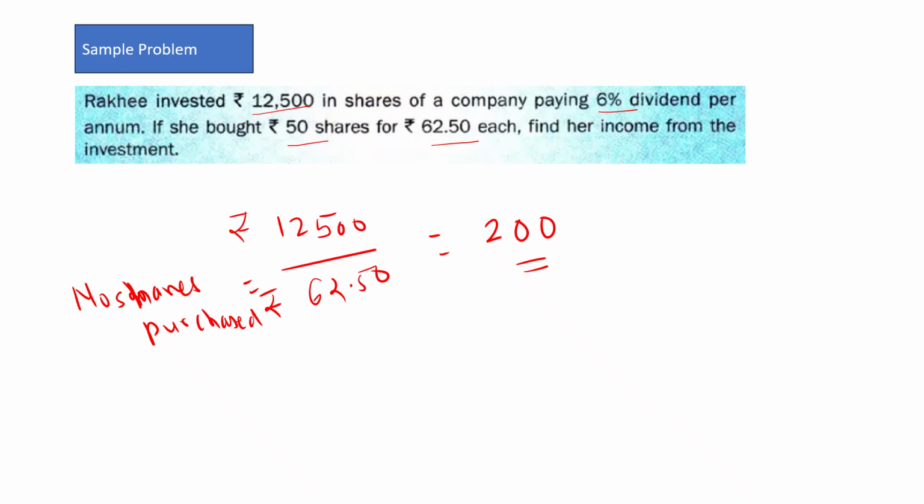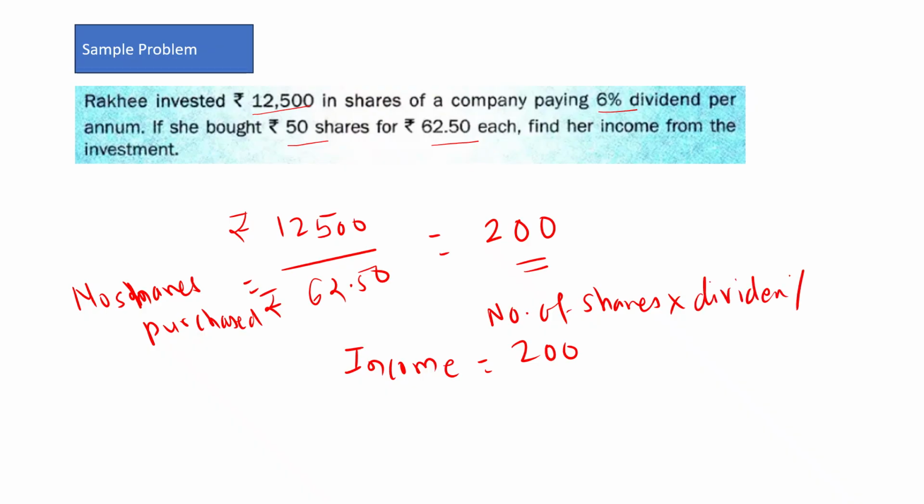Now what is the income on the investment? Income is number of shares into your dividend percentage into NAV value or face value of one share. So it will become 200 into your dividend percentage. Number of shares are 200. Dividend percentage is how much? 6%.